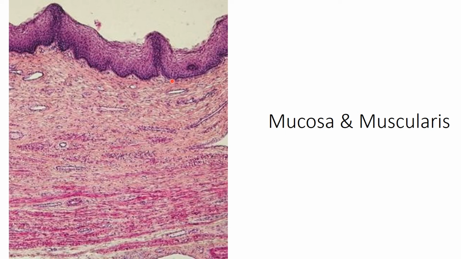Here again we can appreciate this mucosa, which is stratified squamous, non-keratinized, having no gland underneath, and having multiple cross-linking with the underlying stromal portion, the lamina propria.